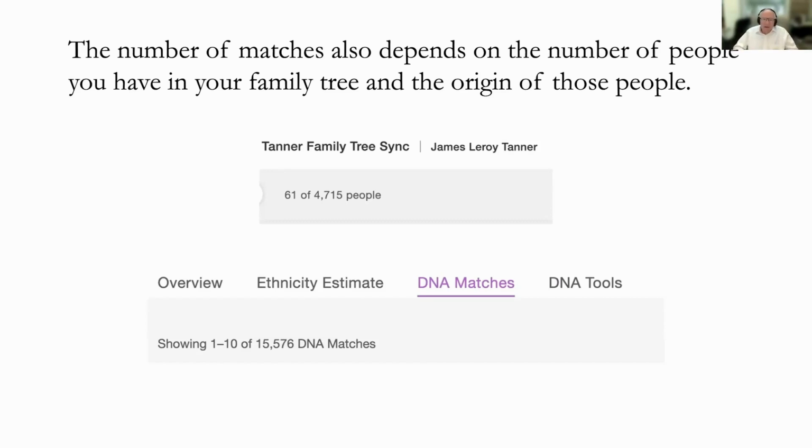Or two of my family lines ended up in Australia. And so the question is, do I have any DNA matches with people in Australia? And the answer is yes, I do. So basically, we have a validation of the fact that these people lived in Australia and that their descendants are still there.